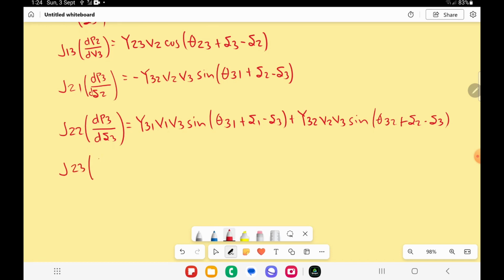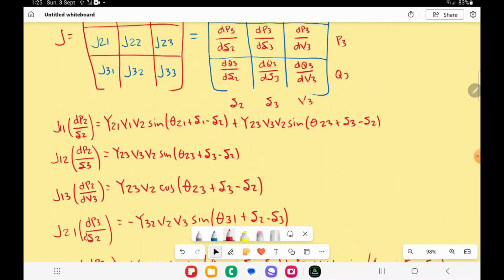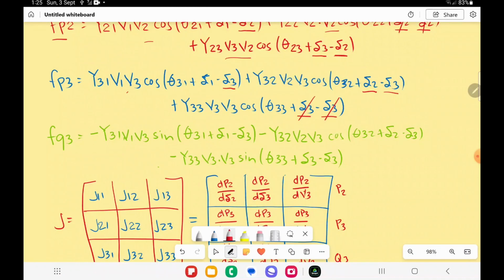So the next is J23, which is the partial derivative of P3 in terms of B3. So we look again for P3 in terms of B3. We have B3 in the first term, we have also B3 in the second term, and we have 2 B3 in the third term, which is B3 square.